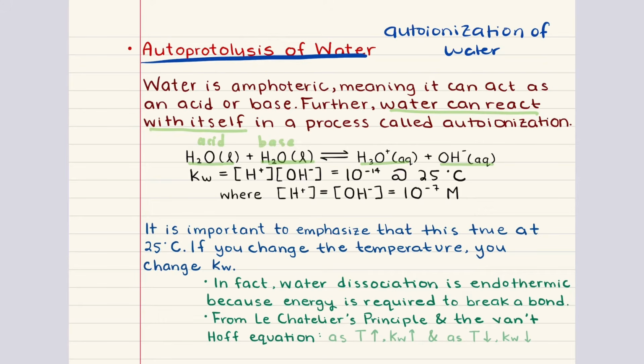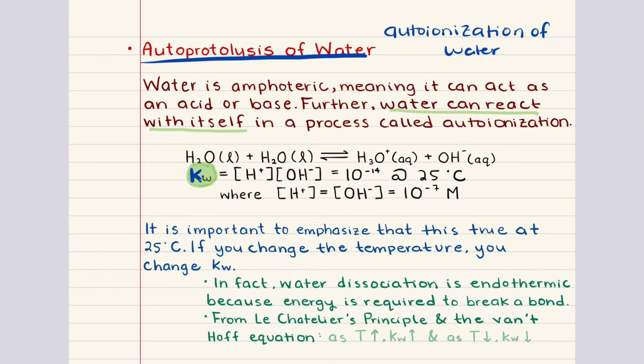And this reaction is reversible, meaning that the hydronium and hydroxide ions can recombine to reform water. Since this is an equilibrium process, we can actually write an equilibrium constant expression to describe it. That constant is going to be called the water dissociation constant, and we use the symbol Kw to represent it.